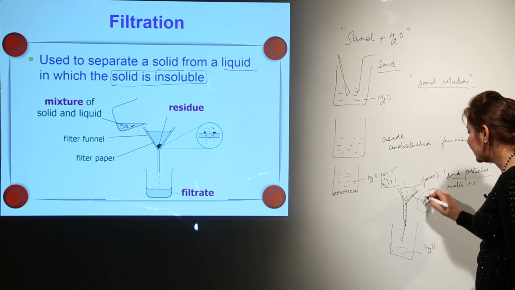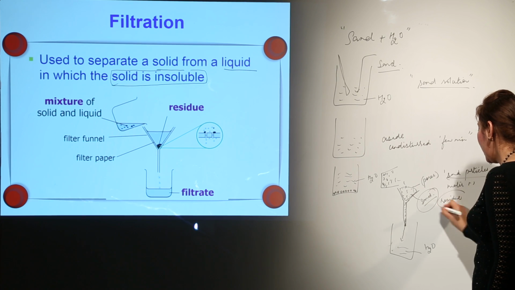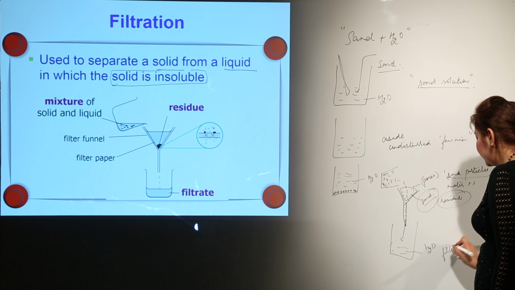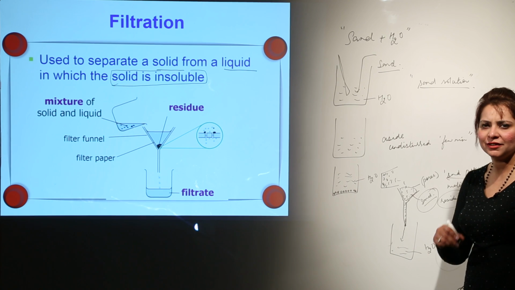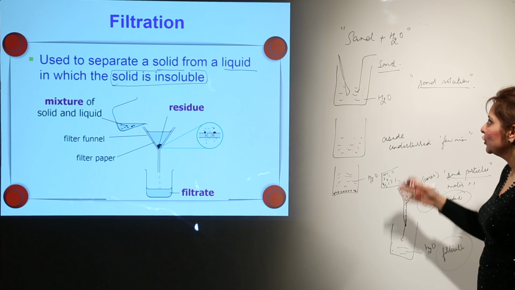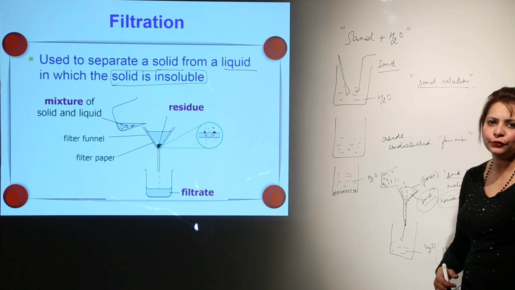This sand is called the residue and this water is called the filtrate, because this filtrate will be clean of any undissolved solid particles which were earlier present. This is how we explain the process of filtration with an example.